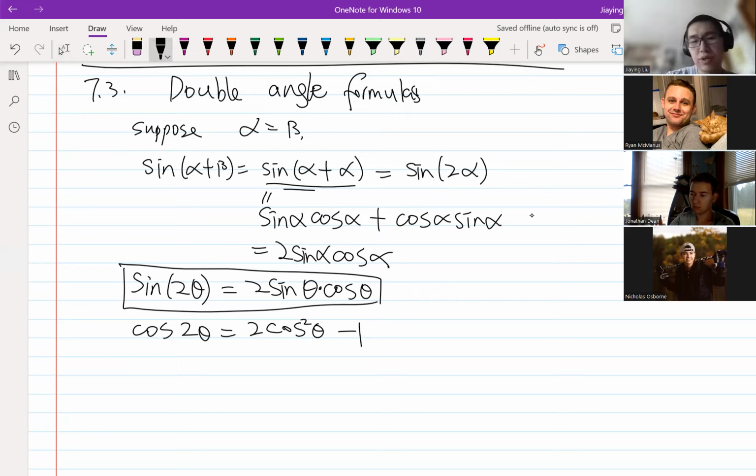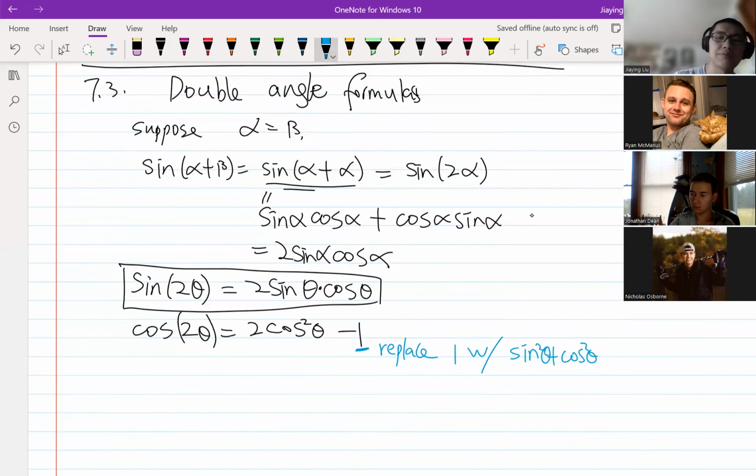It depends on which one you want to use. So at this point, we can replace 1 with sine squared plus cosine squared theta. If we do that, we're going to end up with a new expression, which is cosine squared theta minus sine squared theta.